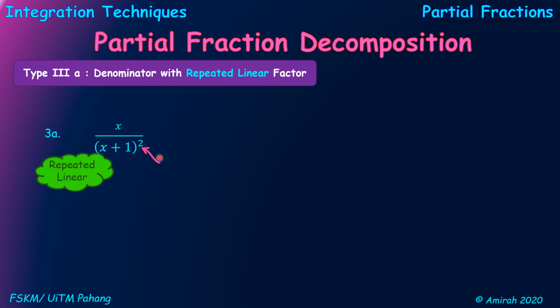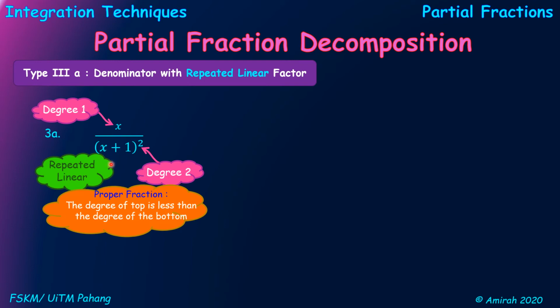From the square here, this is degree 2 when we expand, and from the numerator, we get degree 1. So this is a proper fraction because the degree of the top is less than the degree of the bottom. So we can express this fraction as the sum of partial fractions without doing long division.